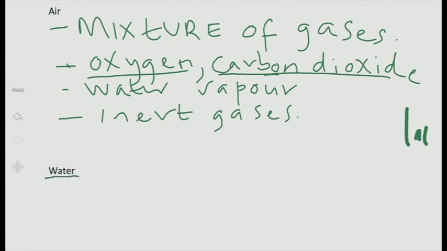Now, looking at water. Water is another feature which is important for life. Water is so important in life, especially for transporting nutrients and also the waste materials in the body. In animals, it makes most of the body composition, about 70%.